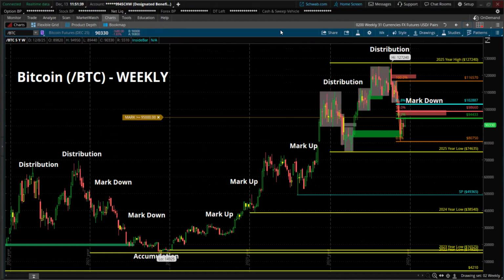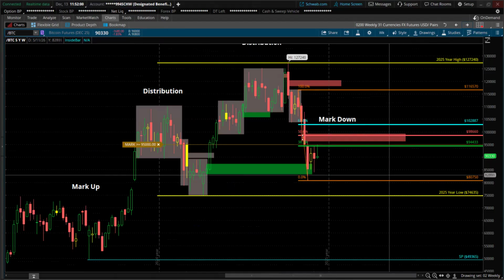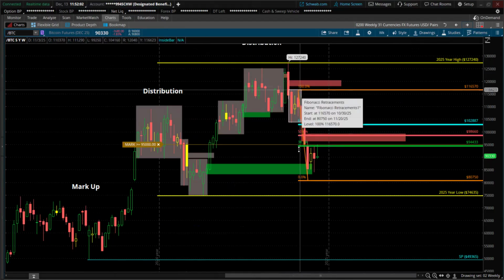Now, for those that are trading crypto, Bitcoin, here's the low for the year, very close to it. Here's the high for the year. We had a distribution phase up here. We're in a markdown phase. I ran a Fibonacci from the top of this trend to the bottom there.